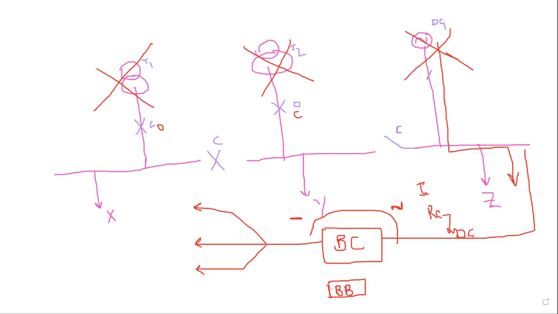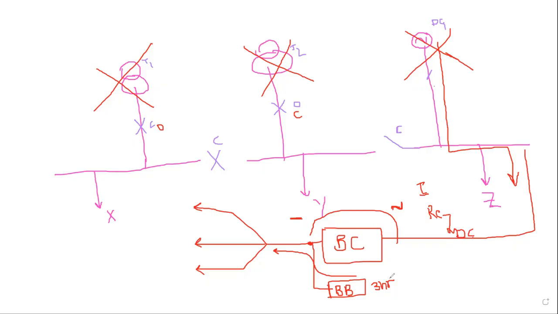The battery bank is given as a bypass to this. So if there is no supply from the battery charger, the battery bank will feed the loads for some duration, like 3 hours or 5 hours. It depends upon your project requirement.